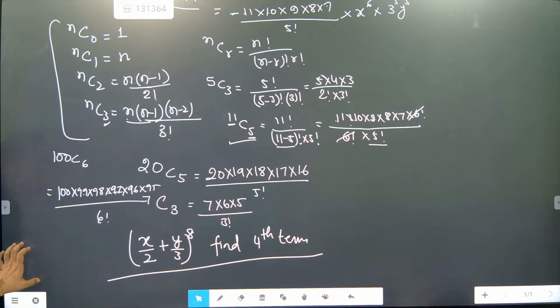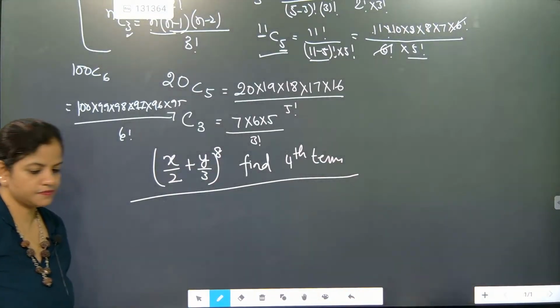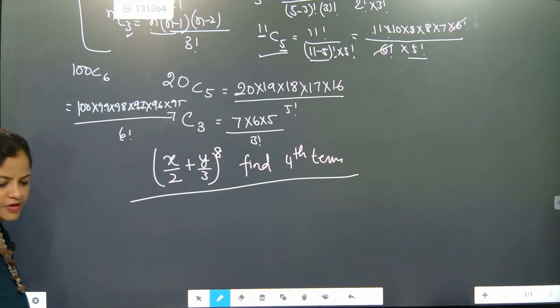Slowly do, no need to be in a hurry. How will you find the fourth term?